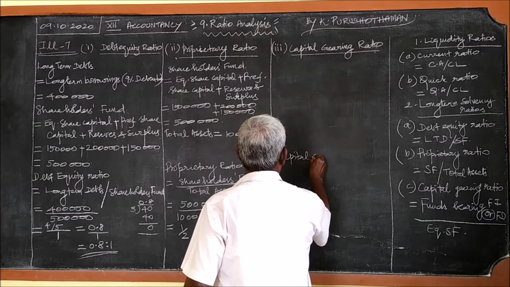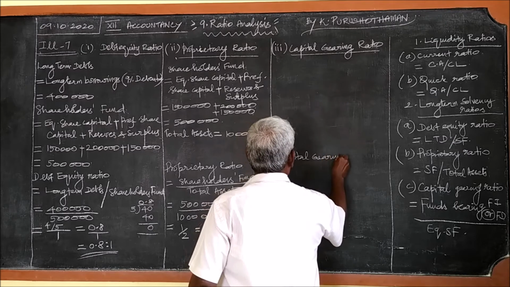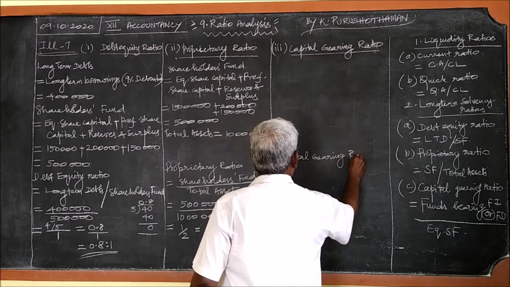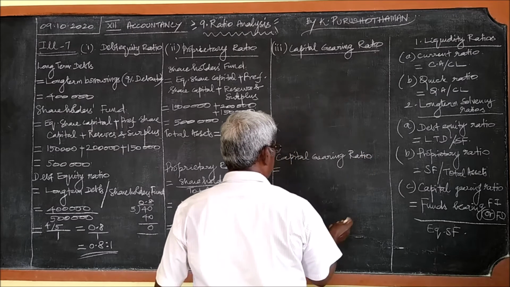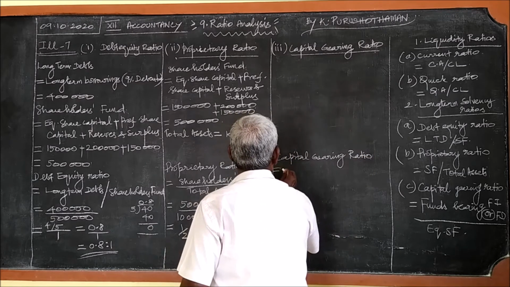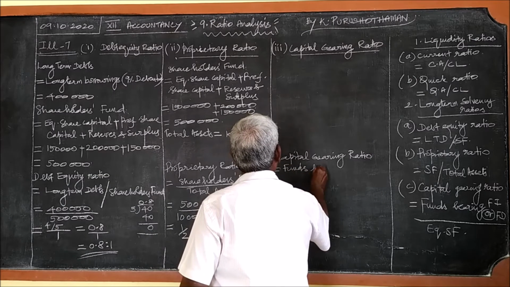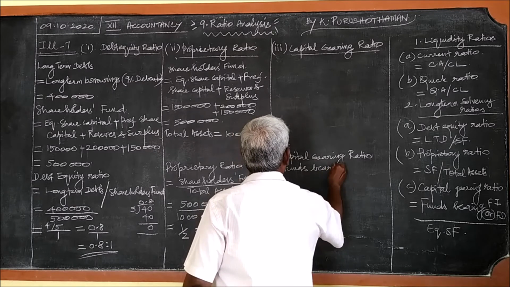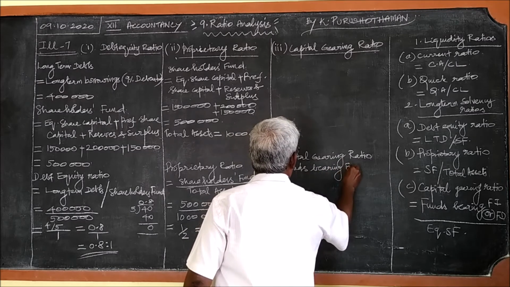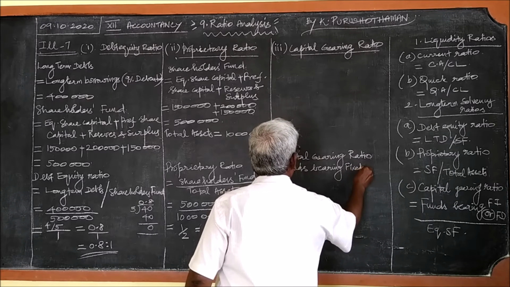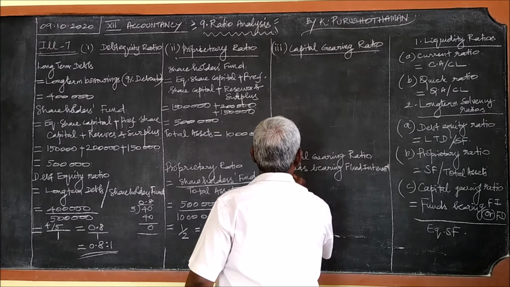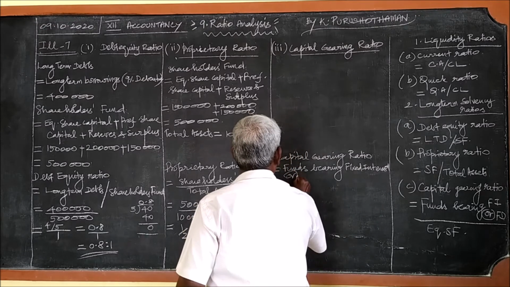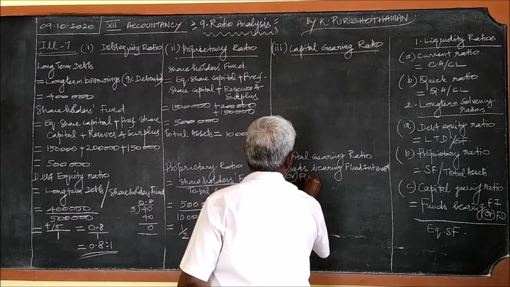Capital gearing ratio is equal to funds bearing fixed interest or fixed dividend, whole divided by equity shareholders fund.